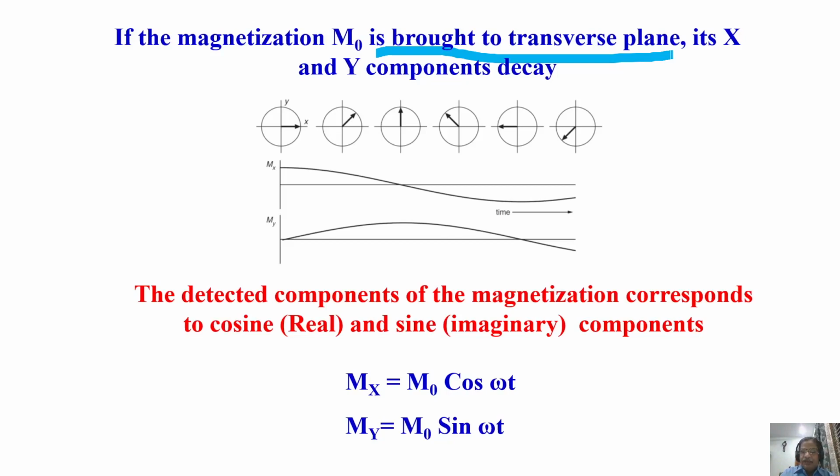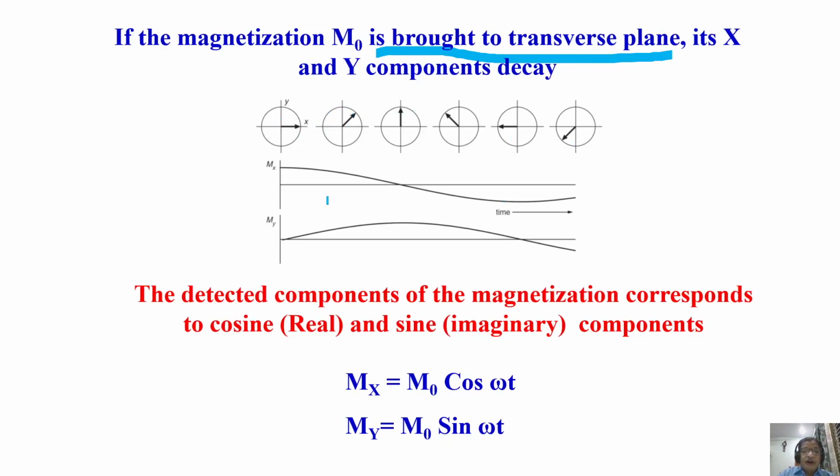Let us say I am going to bring it along this X axis. Now, we have X and Y components of this. Remember, this magnetization is a vector. We can resolve it into two components. Look at this one here. The precession, how it is undergoing precession. The magnetization is here, starts going like this, starts going like this, starts going like this.